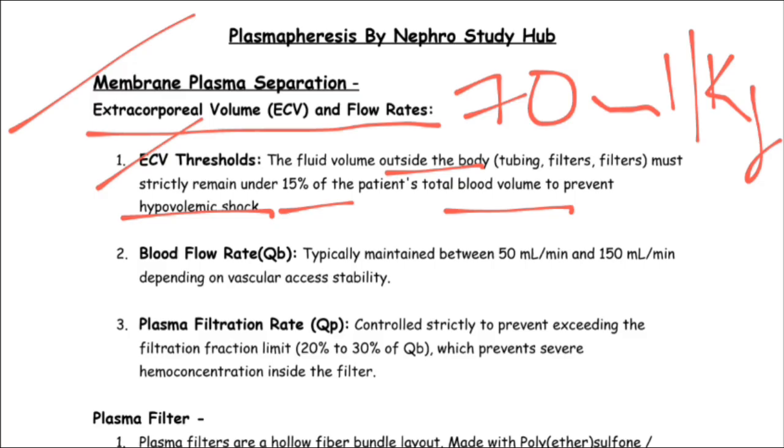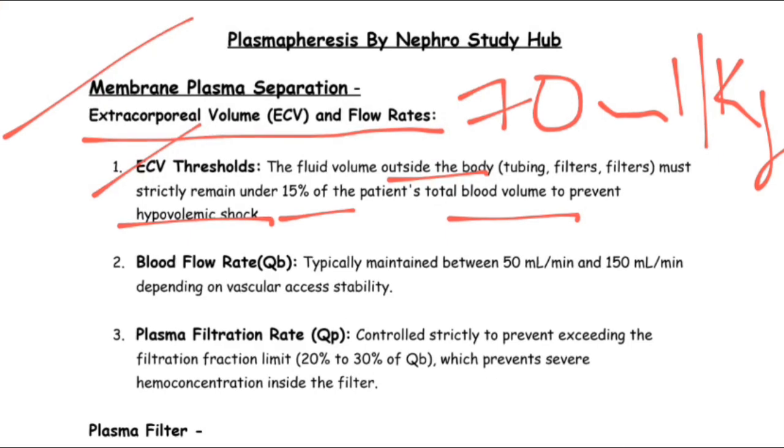So if a patient weighs 60 kg, the blood volume is about 4.2 liters. So 15% of that volume can be in the extracorporeal circuit, not more than that.